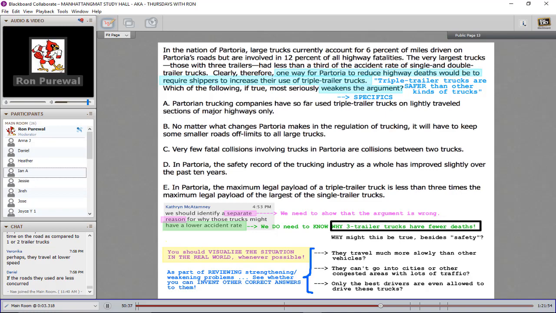But in this case, here's our standard. The standard that we have is this: we need a reason why that is a thing besides actual safety.